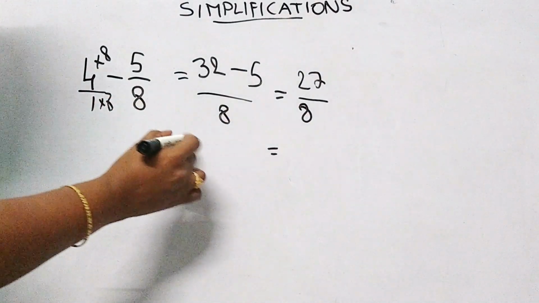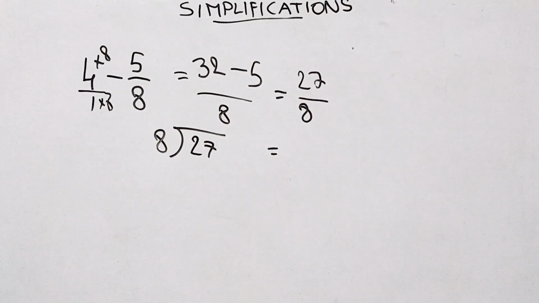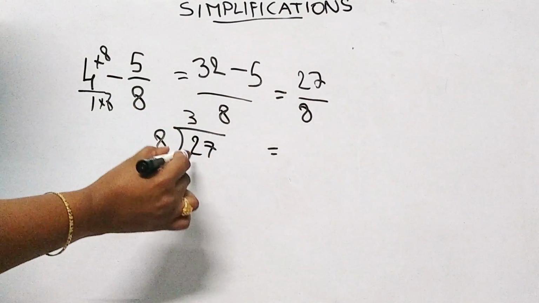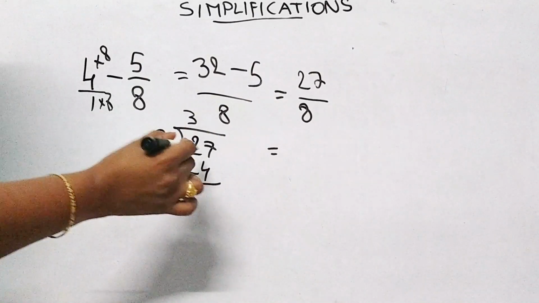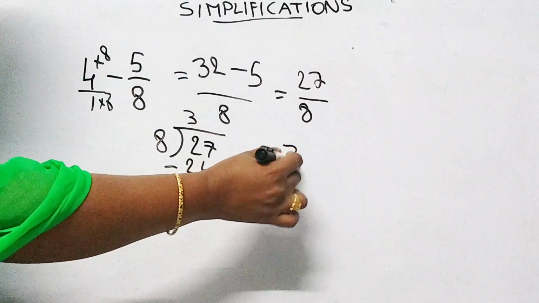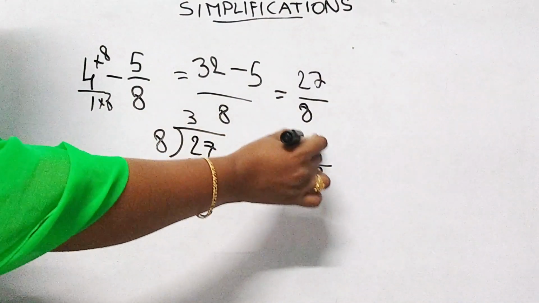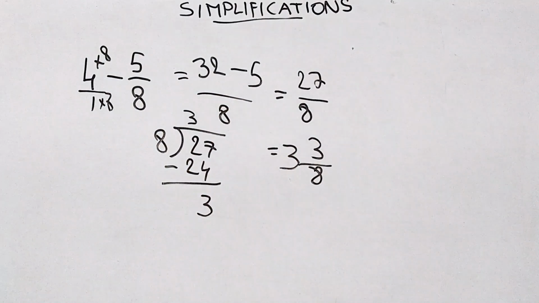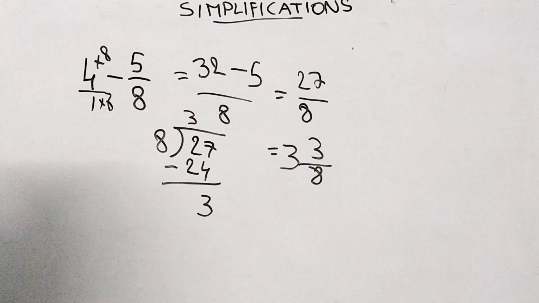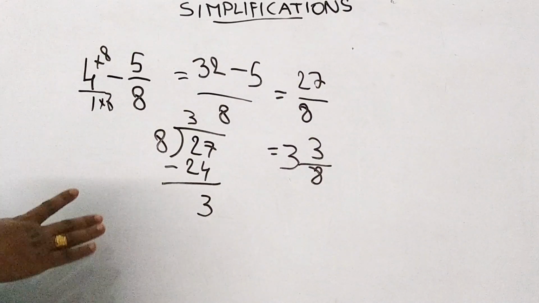And we divide this 27 by 8. 8 3s are 24. 27 minus 24, 3. The topmost number is 3 and 3 by 8 is the answer. Now, this is our normal method.